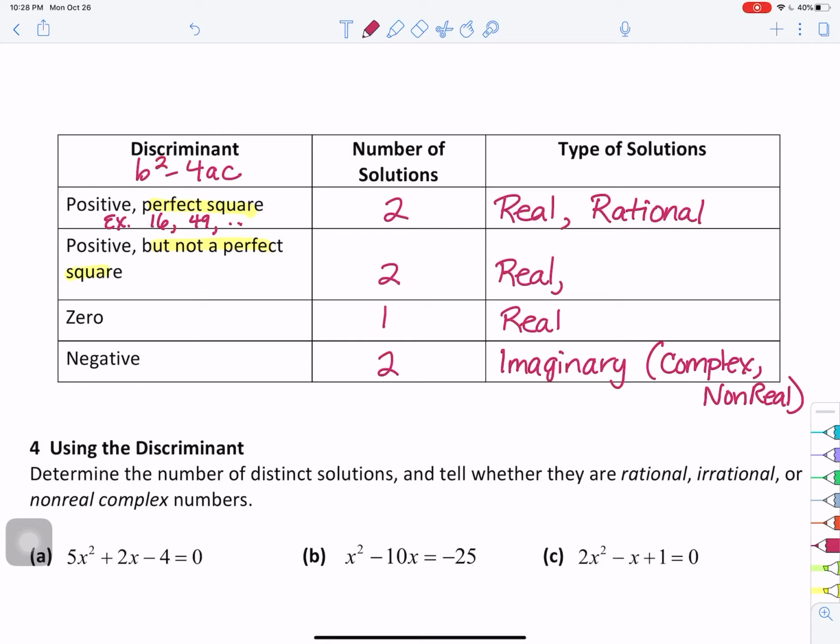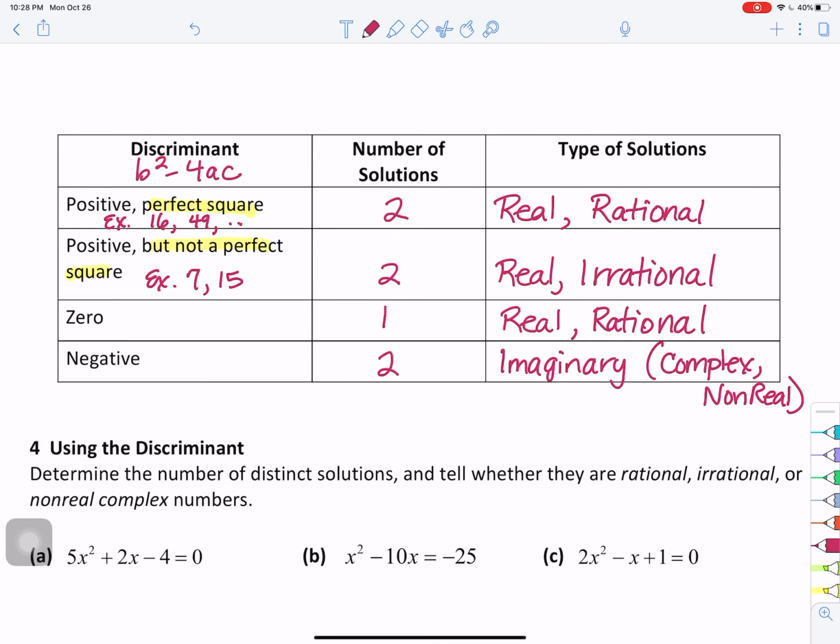Okay? But if it's positive, but it's not a perfect square, such as 7 or 15, let's say, they are both real, but they are irrational numbers. Well, the good news here is that, of course, if you have 0 for your discriminant, you'll have one real rational solution.